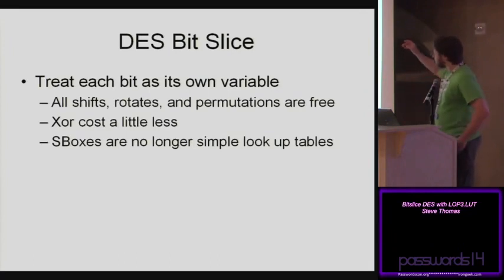So when you split each bit into a variable of its own, your variables are all 32 bits. So you have 32 iterations of DES going at the same time. The only problem that this creates is the S boxes.